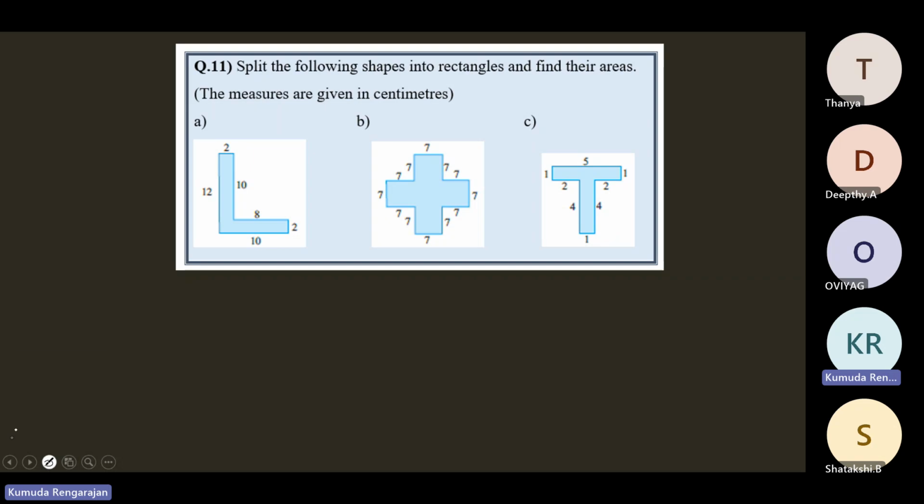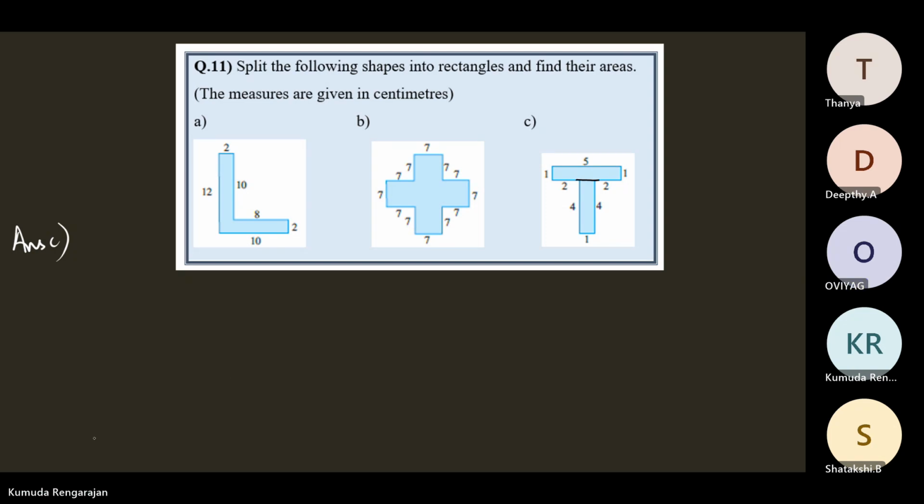Okay, over to C, answer C. Who wants to share this answer? Ma'am, can I tell the answer? So did you divide the figure like this?